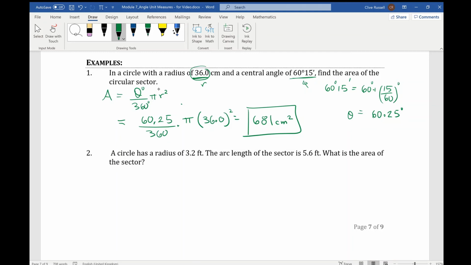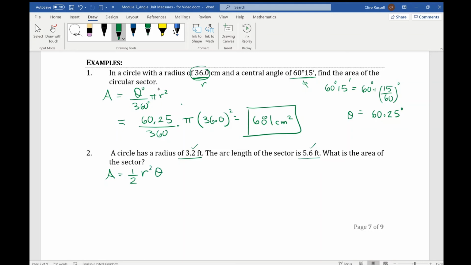All right, now we look at our second example. A circle has a radius of 3.2 feet. The arc length of the sector is 5.6 feet. What is the area of the sector? Well, notice something here. You're given the radius and the arc length, and you want to find the area. We know that the area is half r squared theta.